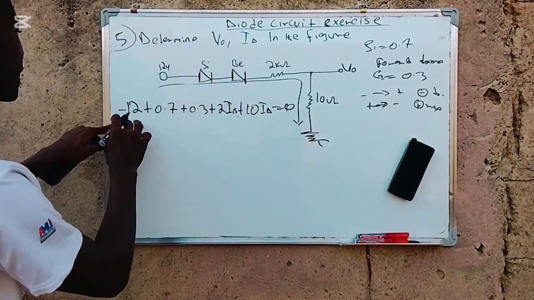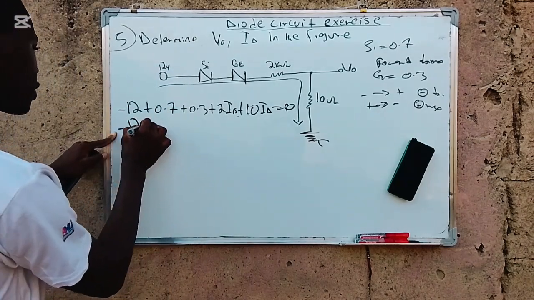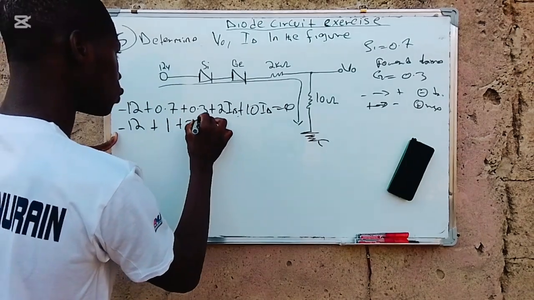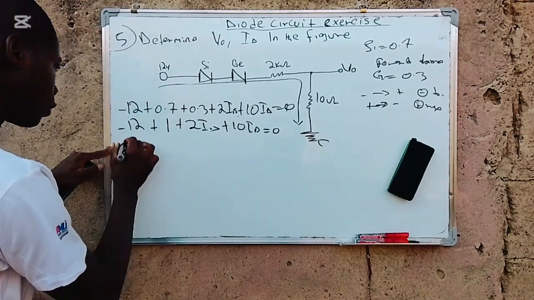So if I say minus 12 plus 0.7 plus 0.3, it will give me minus 11. So plus 2 ID plus 10 ID should now be 0.